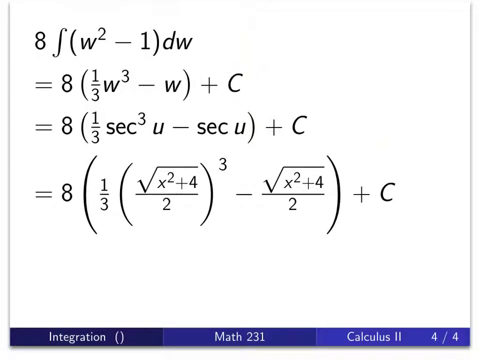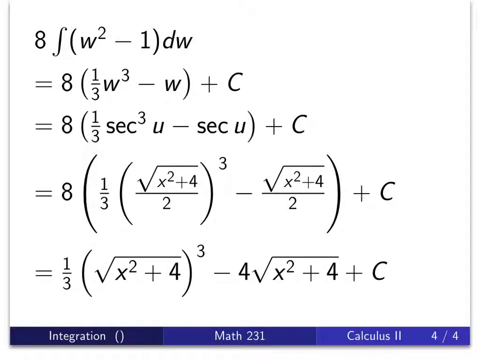The secant was cubed here, so we take the square root of x squared plus 4 over 2 and cube that. And now it's just a matter of simplifying. We're going to have 2 cubed, which is 8, but that's in the denominator. So when I distribute this 8 through, it's going to cancel with that one. When I multiply 8 by the 1/2 that's over here, we're going to end up with 4. And there's a final prettified answer.